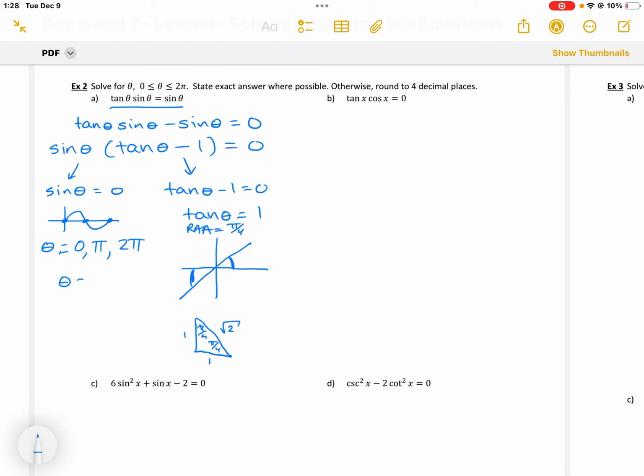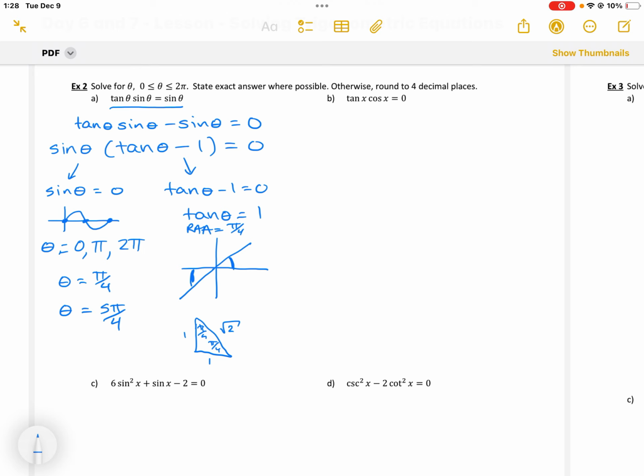So theta could also equal pi over 4. That would be the solution in my first quadrant. And theta could also equal 5 pi over 4. That would be my solution in the third quadrant. So I've got 5 values total that would satisfy that equation, make the left side equal to the right.